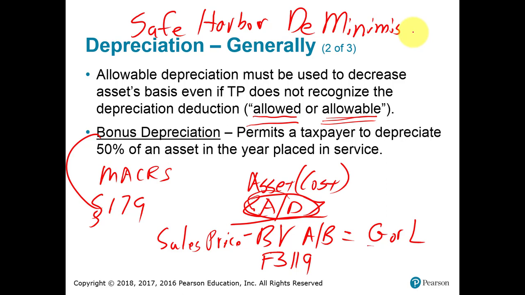Treat it more like a supply than a depreciable asset, more like a maintenance expense versus a capitalized cost. So I have a link again in our La Lima resources folder regarding the safe harbor de minimis election that's not mentioned in our textbook.